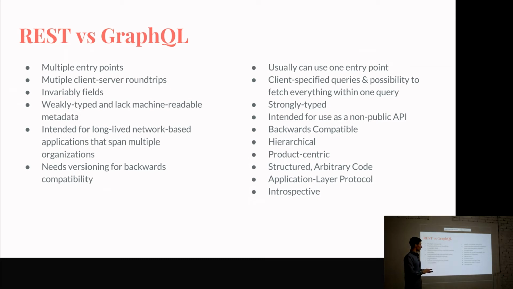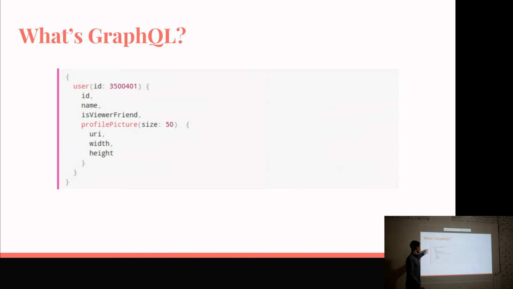On the other side, GraphQL usually uses one entry point. With a GraphQL approach like this, with one query you can get all the fields you need. So you're getting here the user and the profile picture, which in REST architecture you would need to do in two round trips.